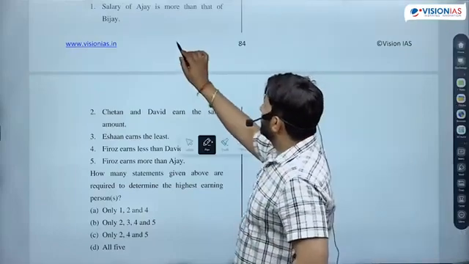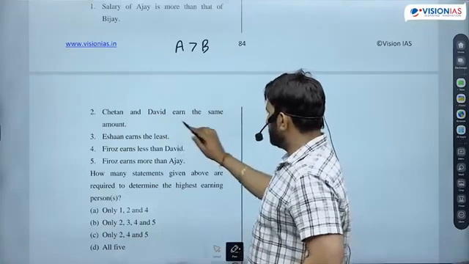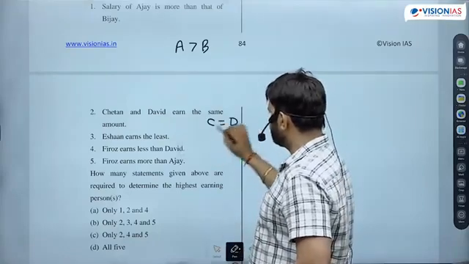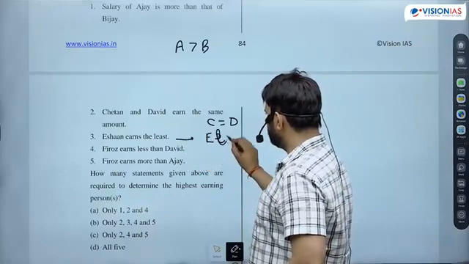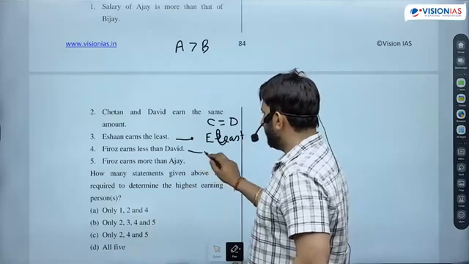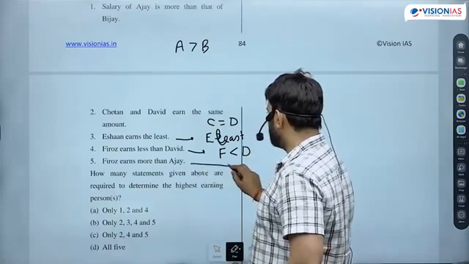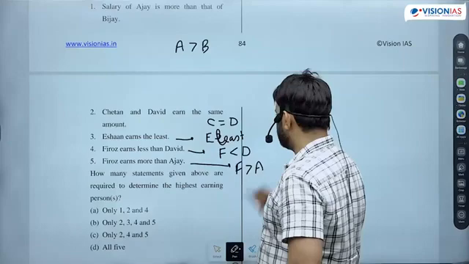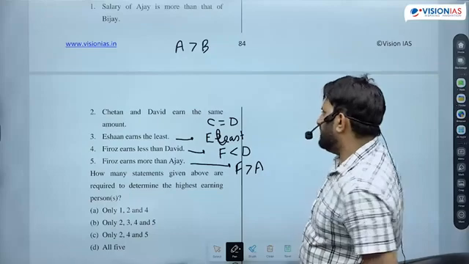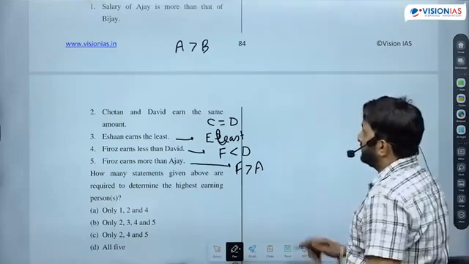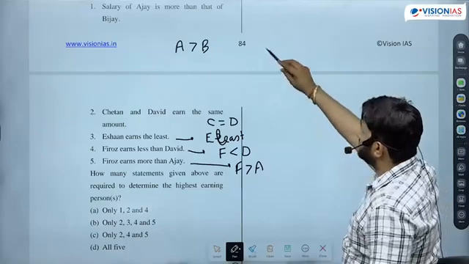First statement, A got more than B. C and D earn the same amount. E earns the least, F earns less than D, F earns more than A. तो E earns the least, इसको लास्ट में यूज करेंगे बच्चे. पहले तो A earns more than B, फर्स्ट स्टेटमेंट इज यूज्ड.